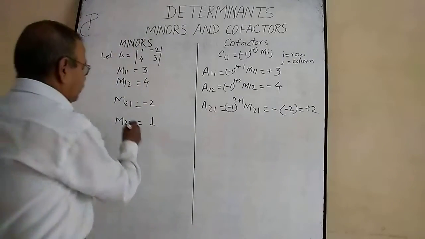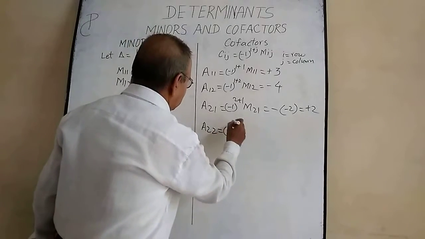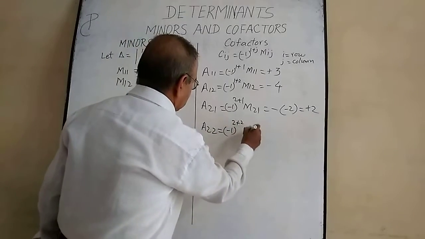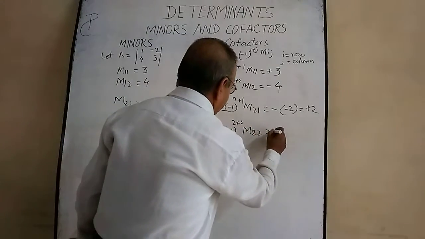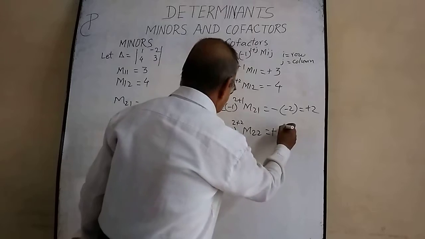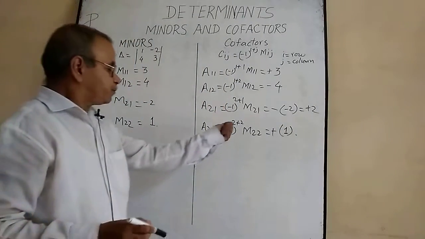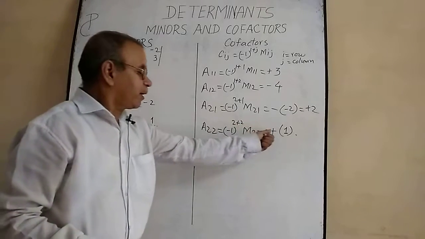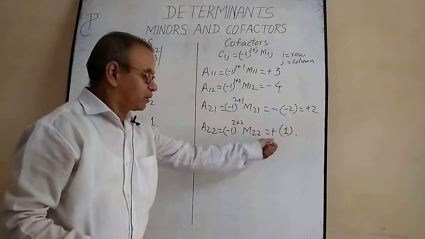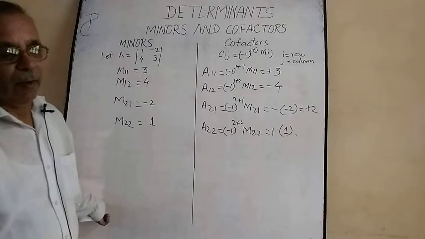After that, A22 is -1 to the power 2 plus 2 times M22, which is plus 1, because the power of -1 is 4. It's an even power, that's why it's plus. That's how to find the cofactors with the help of our minors.